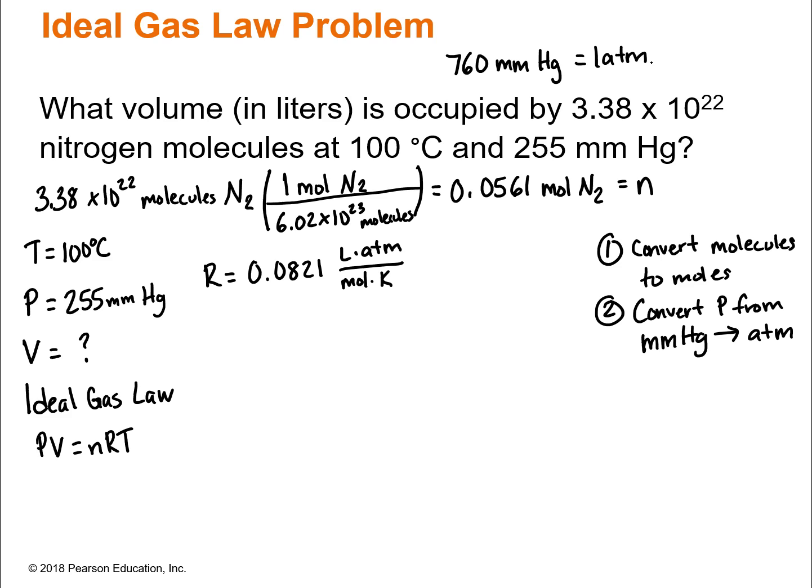So take a second and convert 255 millimeters of mercury to atmospheres. And I gave you the unit equation. There's 760 millimeters of mercury in 1 atmosphere. Let me know what you get in the chat.